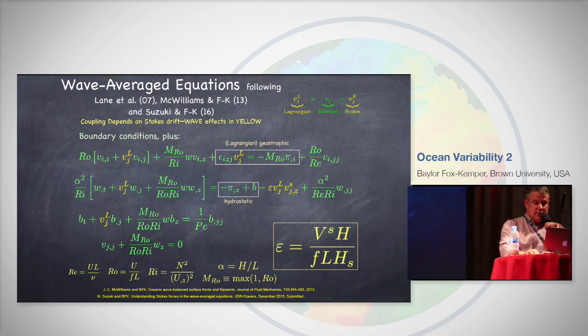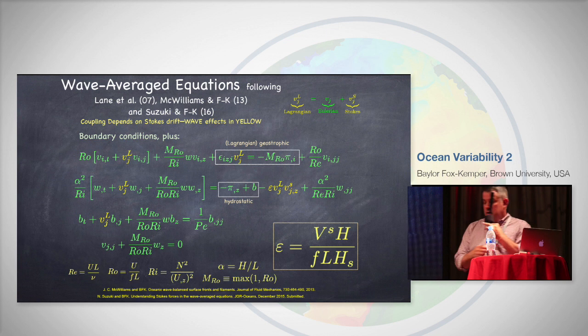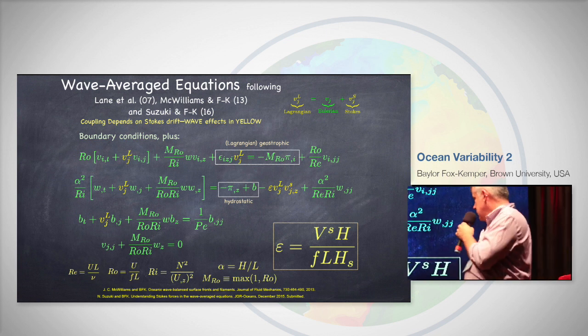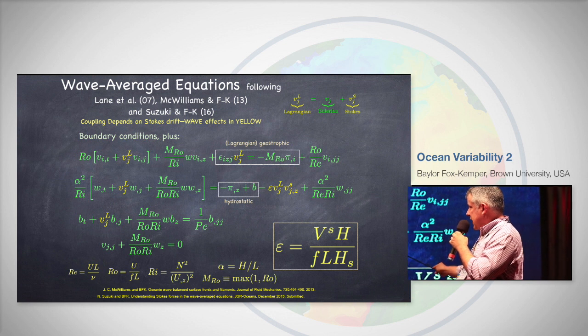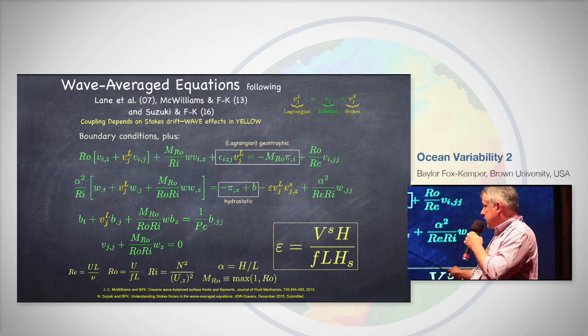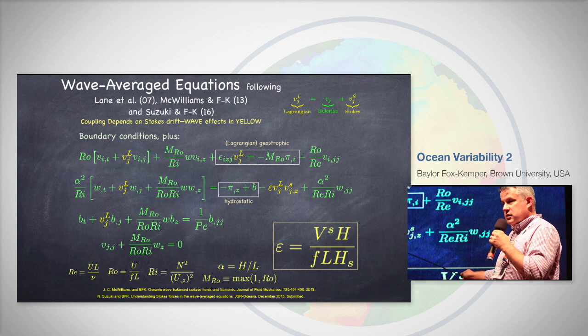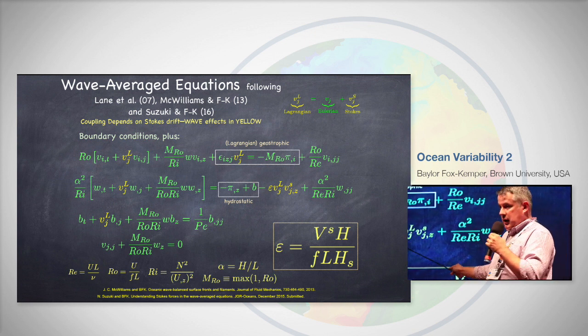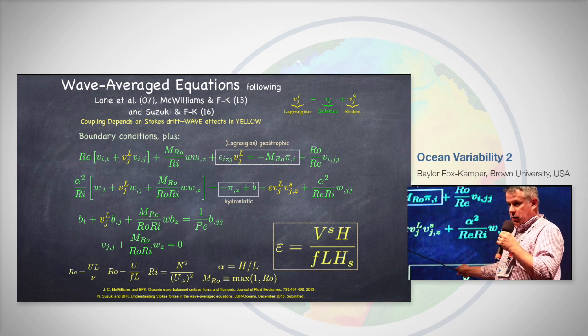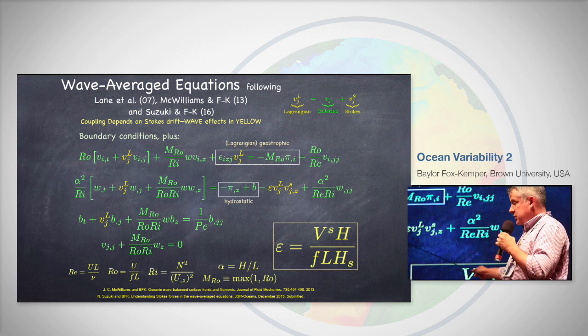Those are the three pieces. And importantly, how big is this epsilon that tells us how big that term is versus the buoyancy? When are the surface waves going to have as big of an impact as the buoyancy does on that submesoscale dynamics? That's the question we might have.